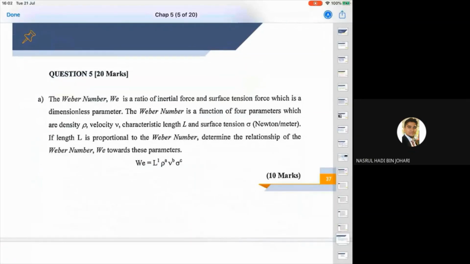Look, Weber number here equal to L power of A, rho power of B, velocity power of C, surface tension power of C. Then you can have exactly the same analysis to get what is A value, what is B value, what is C value. Okay, try to do it first.